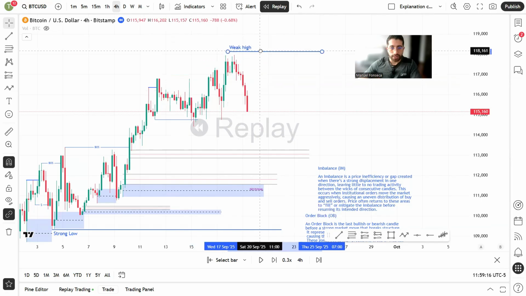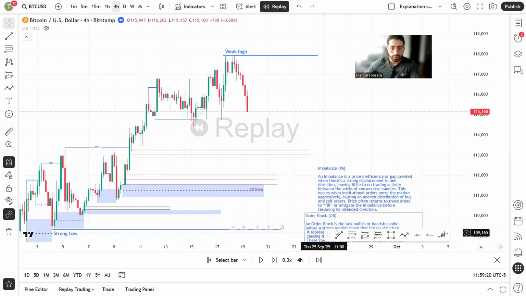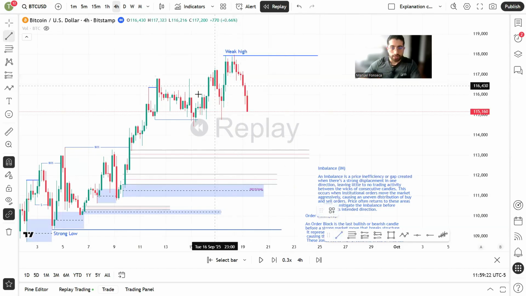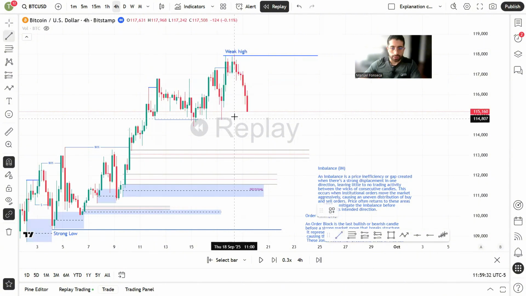So, updating the week high. We're going to update this week high right here, and then we're just going to take into consideration this liquidity sweep right here, and then we're going to see here also a break of structure with the body of a candle, which is here. Perfect.